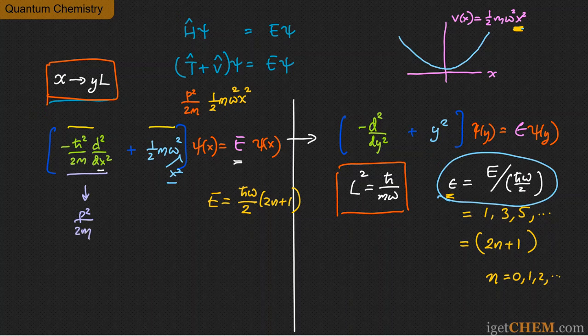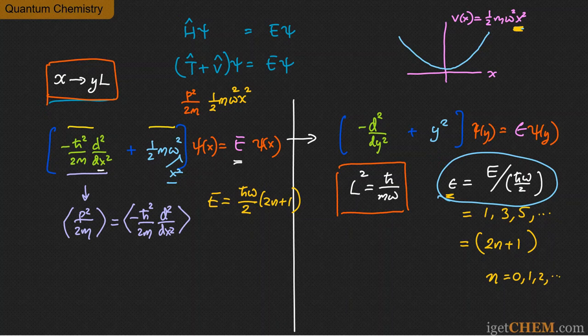If you want the expectation value for p squared, you take the expectation value of that, which is basically equal to minus h bar squared over 2m d dx squared, the expectation value of that.